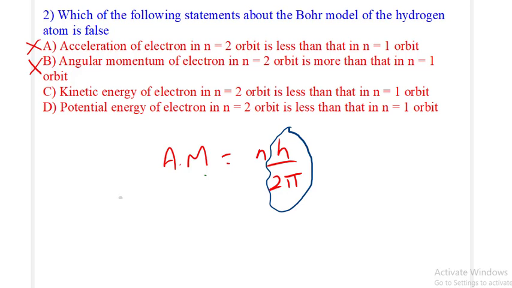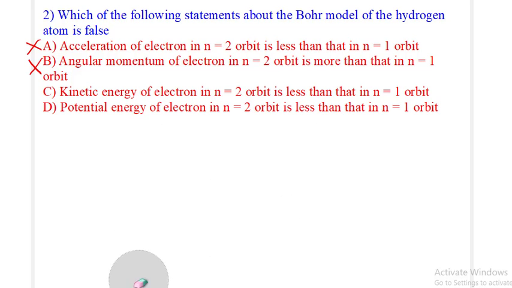Because we want to find the false statement, and this is a true statement. Okay, then option C: kinetic energy of electron in n equal to 2 orbit is less than in n equal to 1. We know kinetic energy is proportional to 1 upon n.